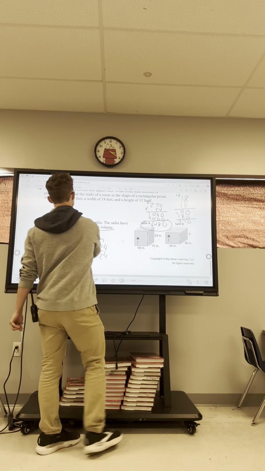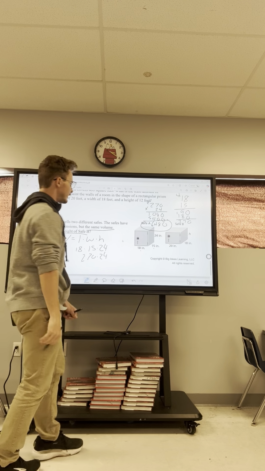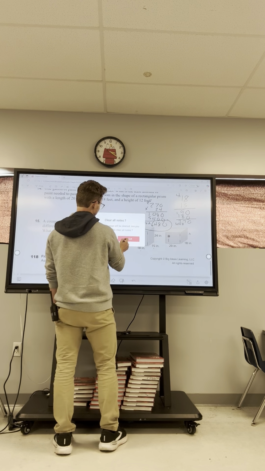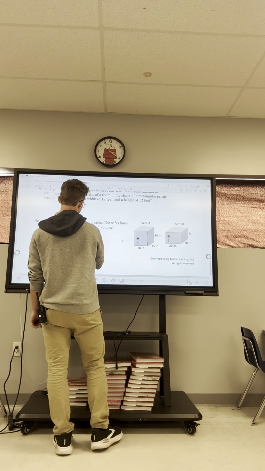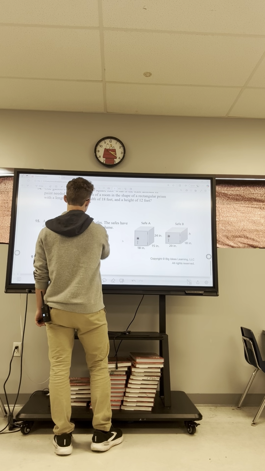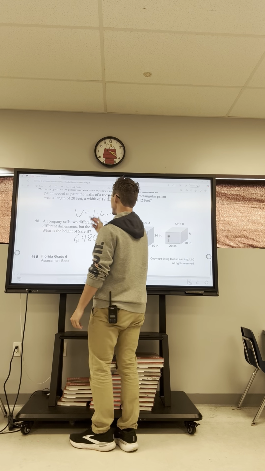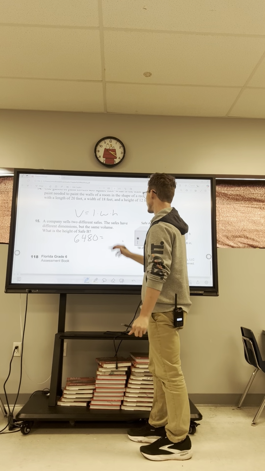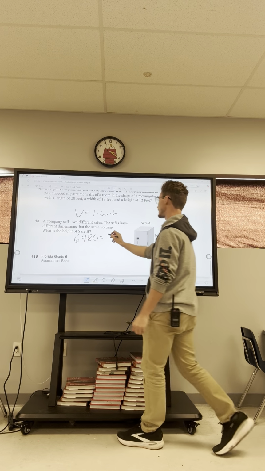But we're asking, what's the height of safe B, not just the volume? So guess what? 6,480 goes into my formula. Which, if we remember, length times width times height. But we can actually replace V with 6,480. Now our length is going to be 20.